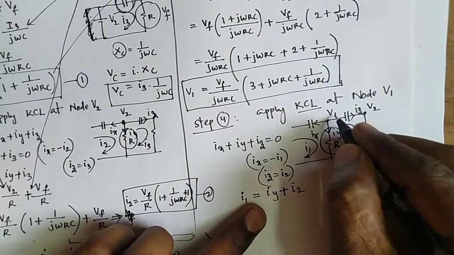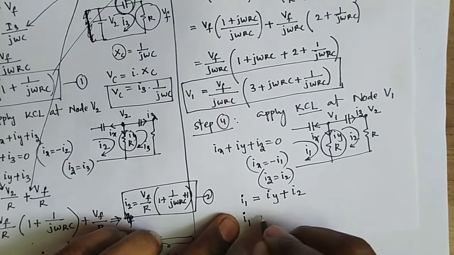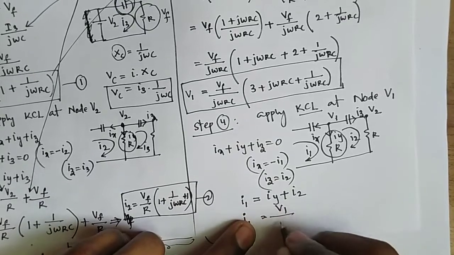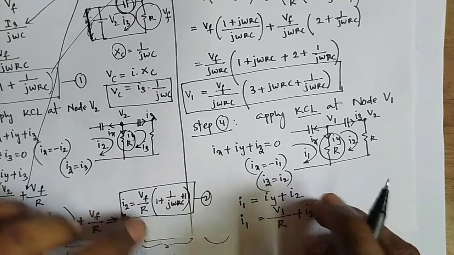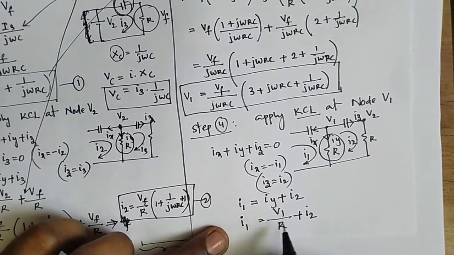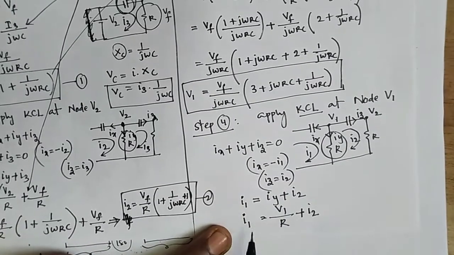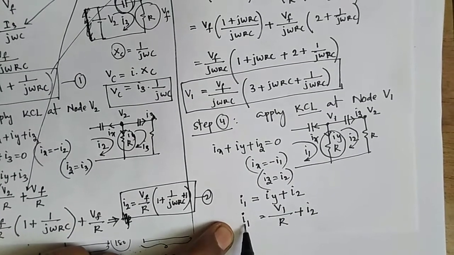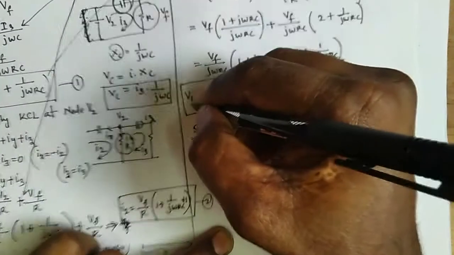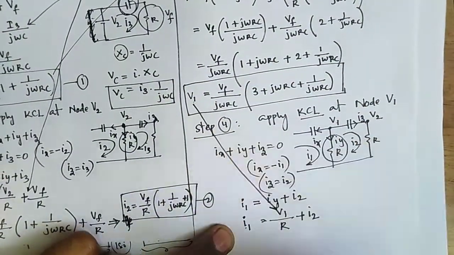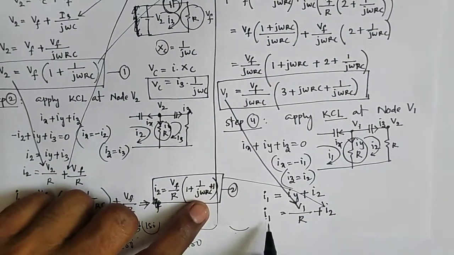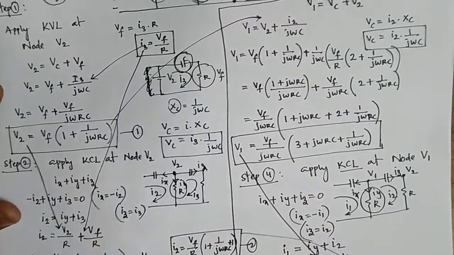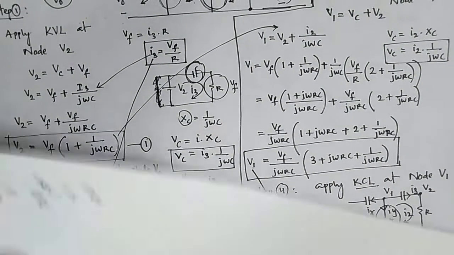The Iy value is equal to V1 by R. So I1 is equal to V1 by R plus I2. Based on this method, you have to calculate different expressions. To calculate I1, you know the V1 value and the I2 value, so substitute them here and you will get the I1 value.